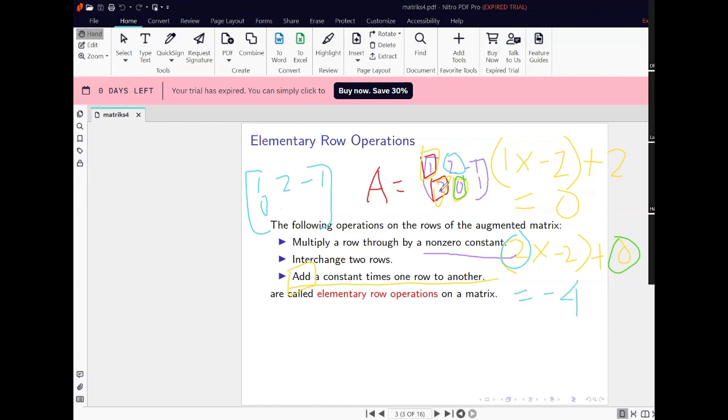For the third entry we also have to do the operation: minus 1 times minus 2 plus 1, which is equal to 3. So we can put 3 here.